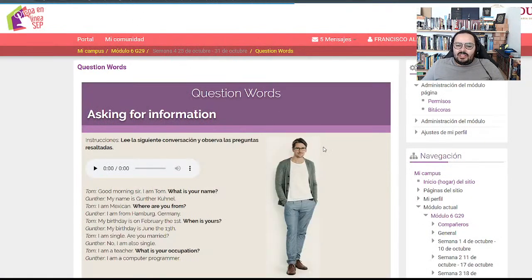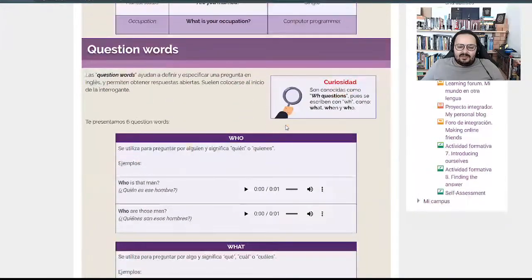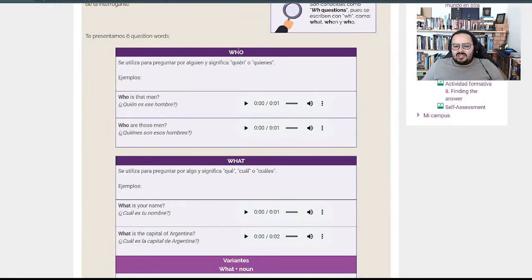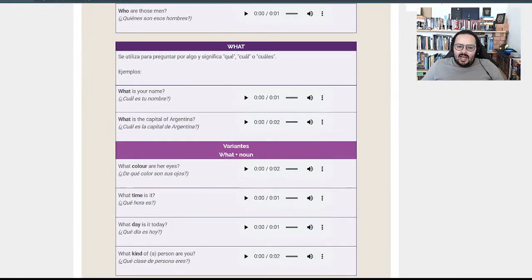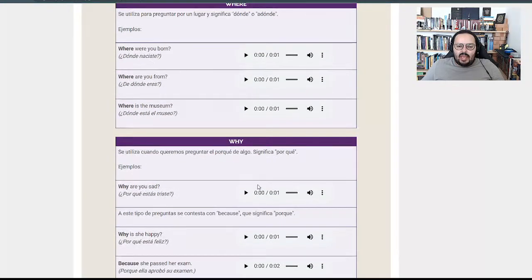The words that we use to get more information from others. Here we have some examples. And then the question words, which is who, what, where, why, how, and when.